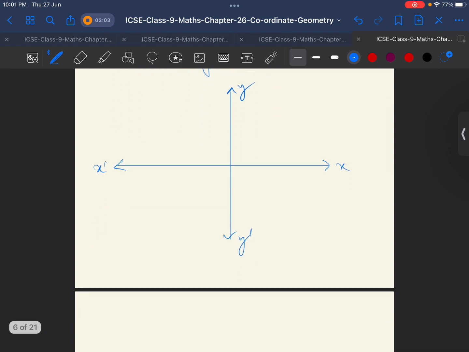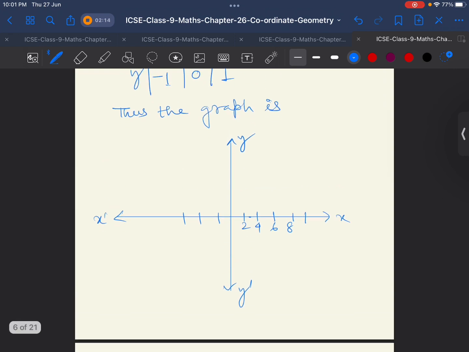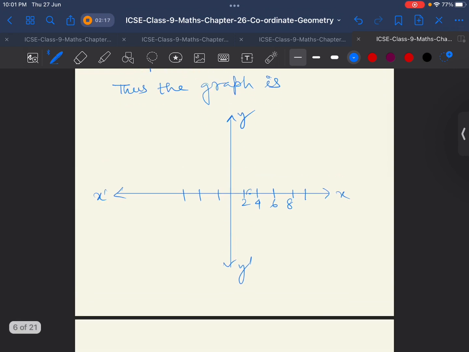Now we plot these points: (3, -1), (3, 0) is here, (3, 1) is here, and (3, -1) is here. Now we draw the straight line. This is the line x equals 3.